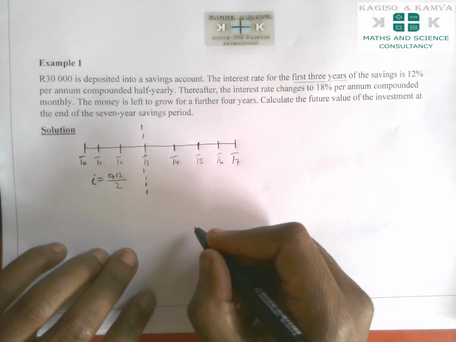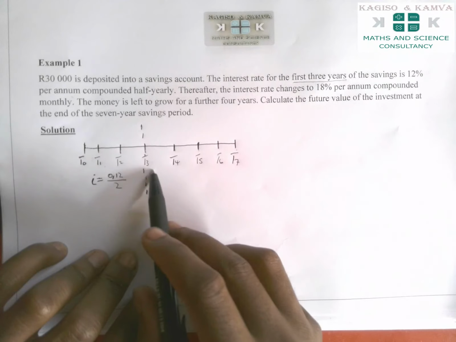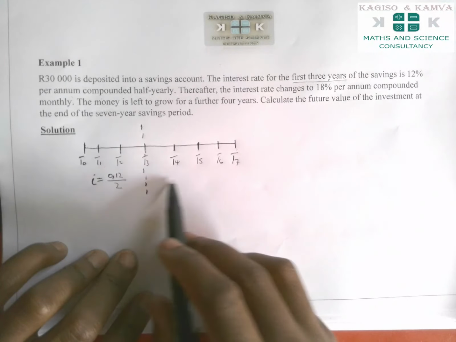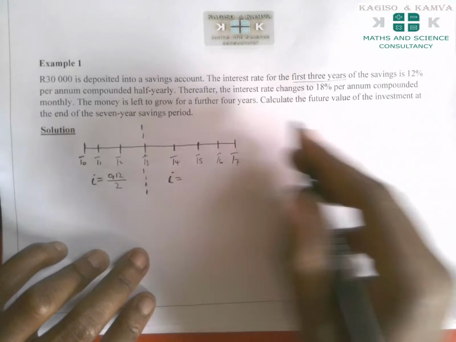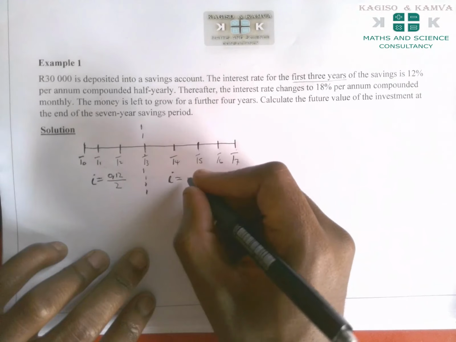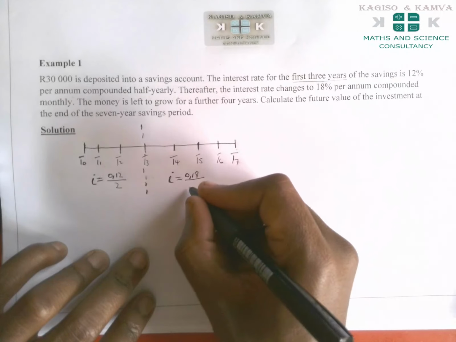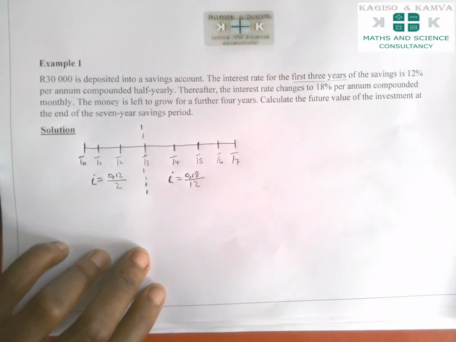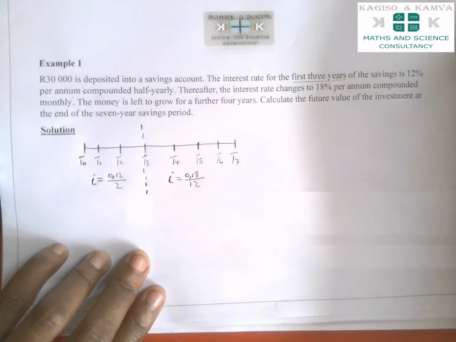Now for the remaining 4 years, 1 2 3 4, what do we have? Our interest is 18% per annum, compounded monthly. So this is going to be 0.18 divided by 12. So how did I get this 0.18 and that 0.12?